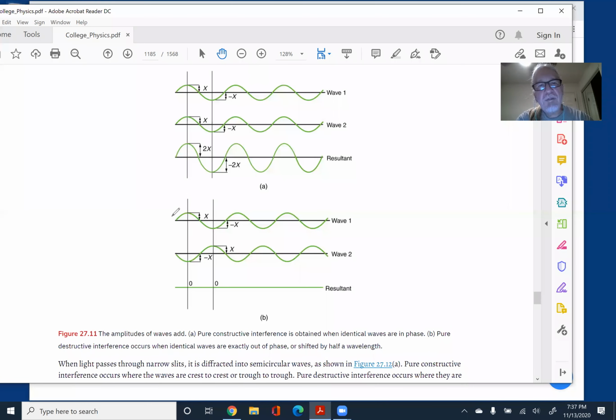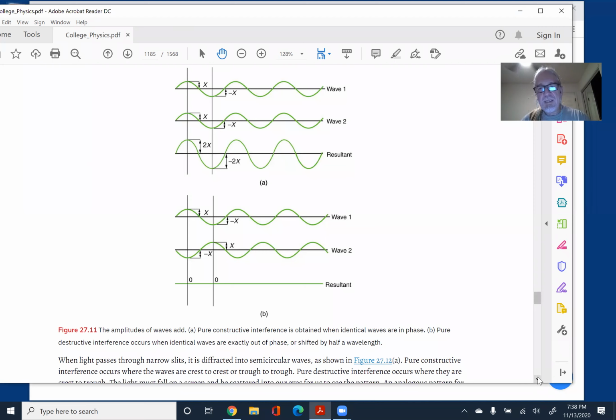However, if the 2 waves are totally out of sync, one has a maximum while the other has a minimum, you see that adding the positive and negative values, they always cancel and you get essentially no wave at that particular point. The top case is called constructive interference, and the bottom case is called destructive interference. And I think those names are fairly self-explanatory.